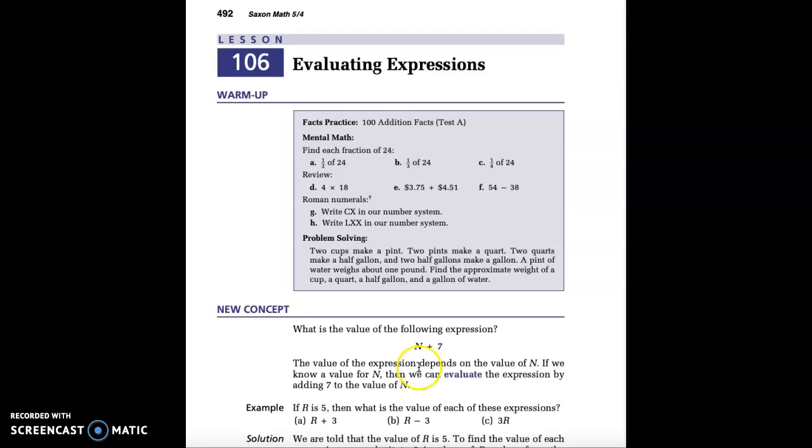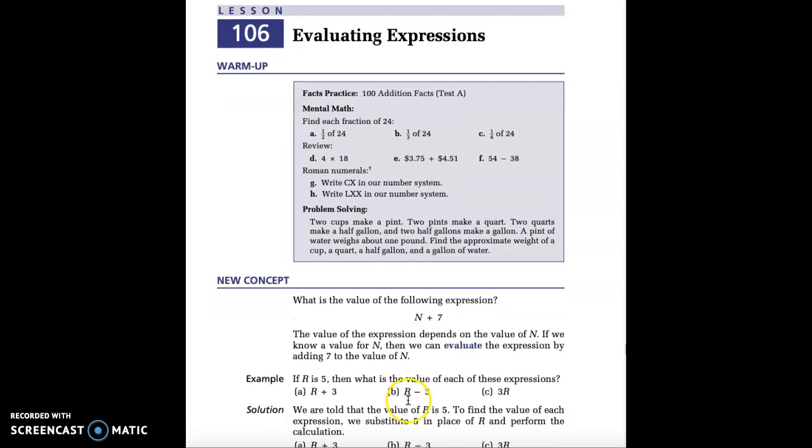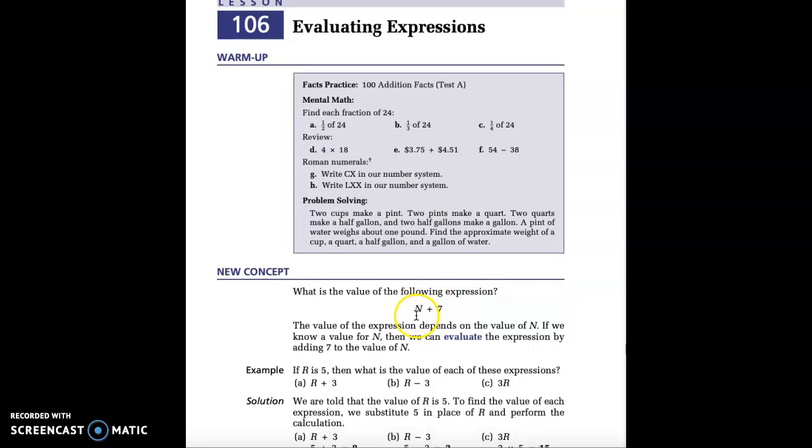So if I were to tell you that the value of n was, say, 4, then we could substitute 4 into n, and then we could evaluate the expression. So if n is equal to 4, then we're going to say 4 plus 7 equals 11.